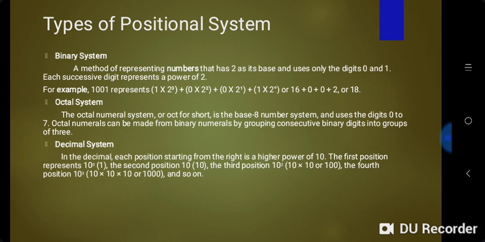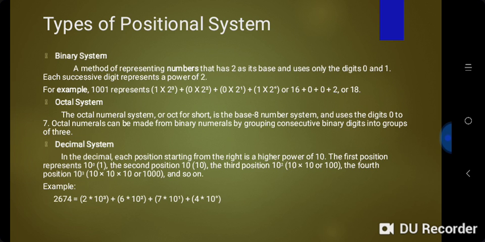The second position, 10 to the power of 1, equals 10. The third position, 10 raised to 2, expressed as 10 times 10, equals 100. The fourth position, 10 raised to the third power, expressed as 10 times 10 times 10, or 1000, and so on.